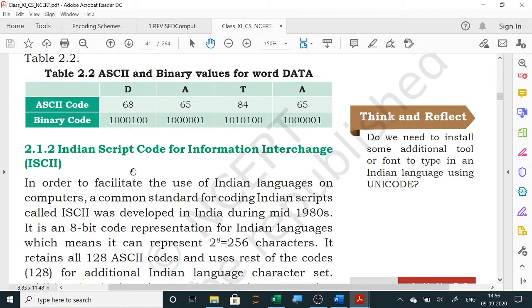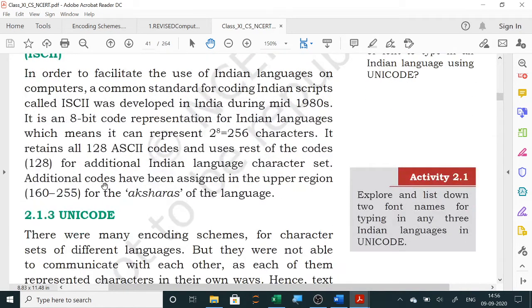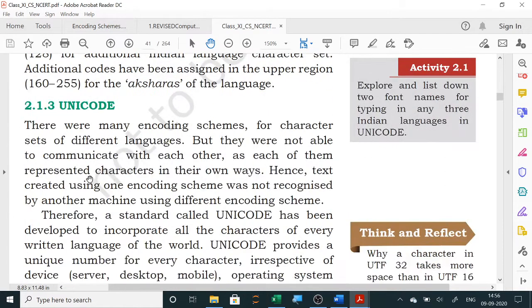Now, ISCII was the Indian Script Code for Information Interchange. This was for all the Indian languages. Next is Unicode. There were many encoding schemes for the character sets of different languages, but they were not able to communicate with each other, as each of them represented characters in its own way. Hence, text created using one encoding scheme was not recognized by a machine using a different encoding scheme.